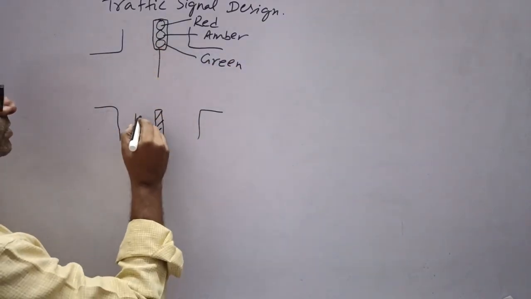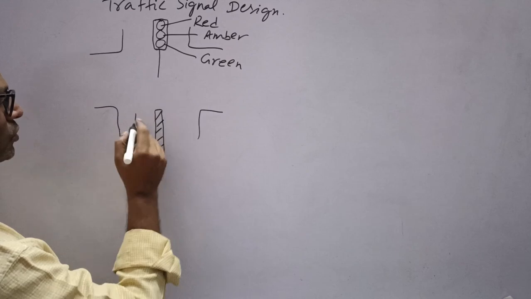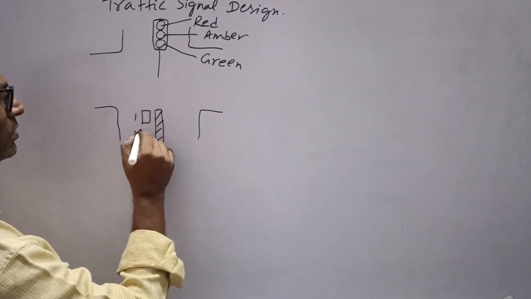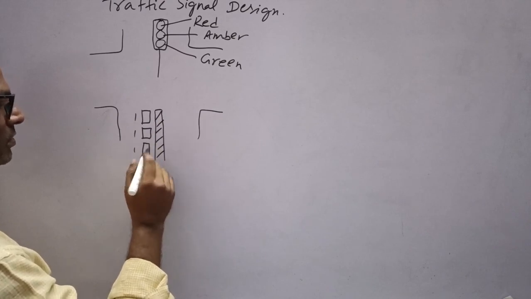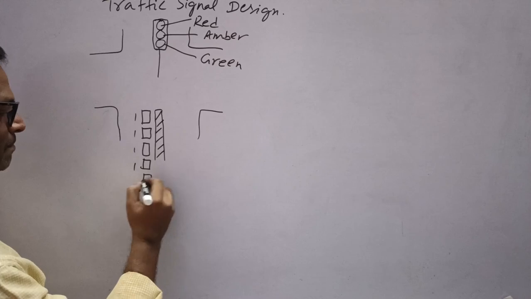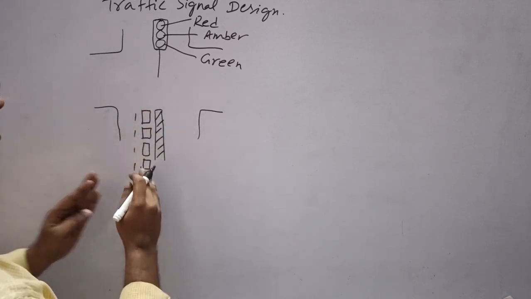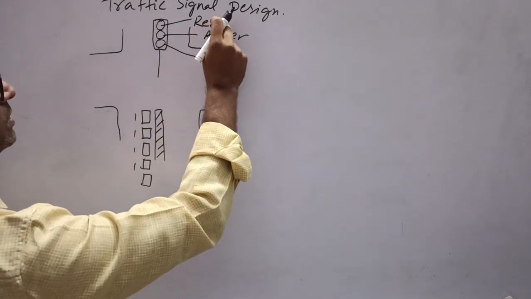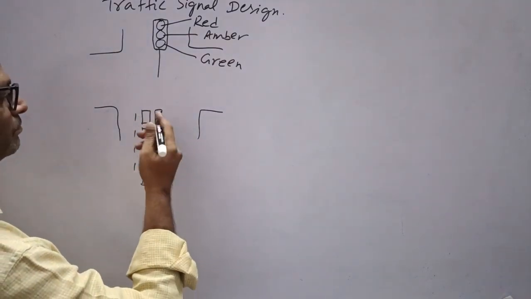We have three indications. Suppose there is a red signal for this approach, so all the vehicles will be waiting in queue like this. Once the red signal becomes green, what will happen?